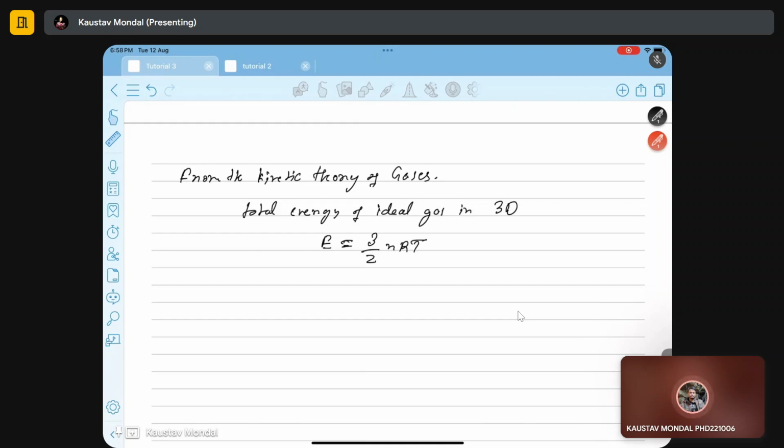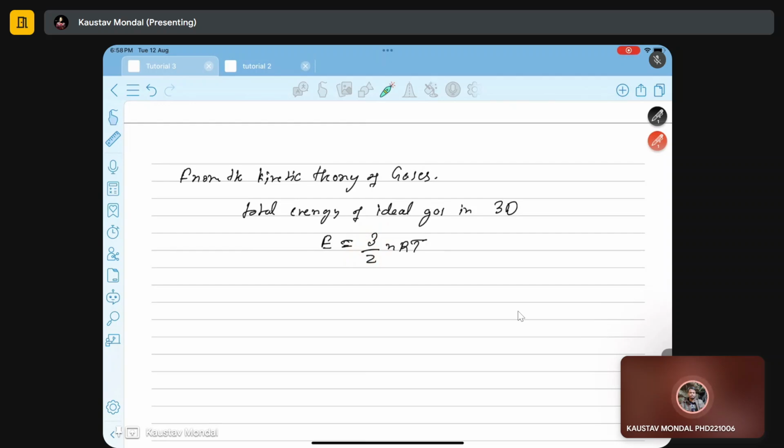This is the total energy of an ideal gas moving in 3D. The 3 by 2 factor comes because it is 3D. If it is in 1D, that factor would simply become 1 by 2, right? But that's a different thing.